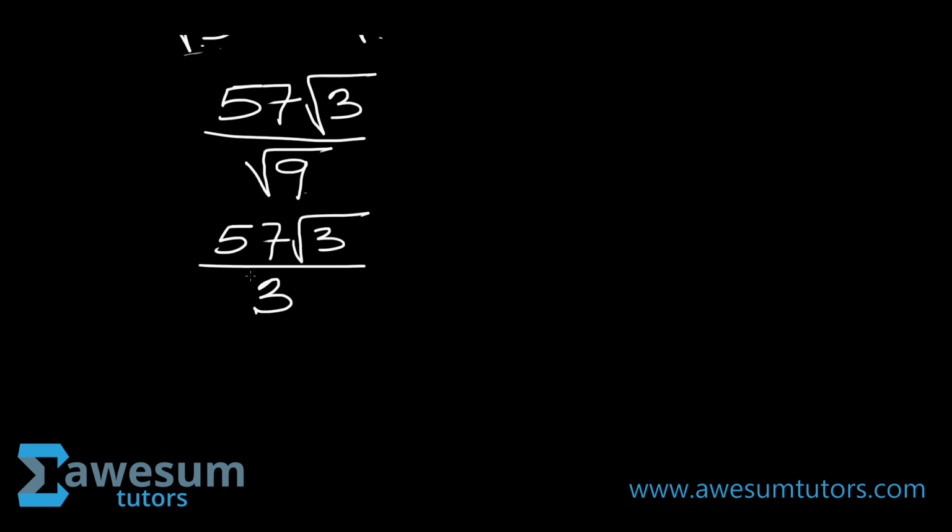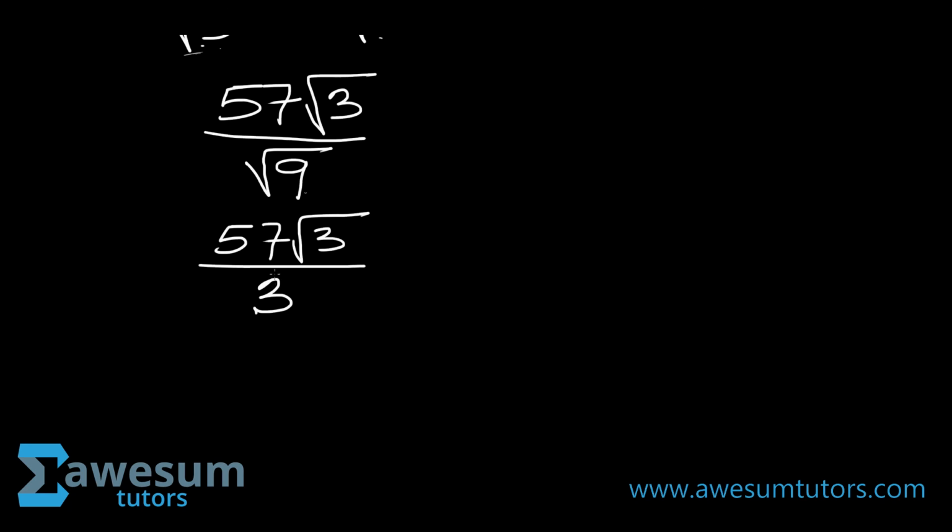Now, as you can see, our denominator does not have a surd anymore. It does not have a number in square root anymore, right? So that means we are almost done. All you have to do is take a look at this and see if you can simplify further.